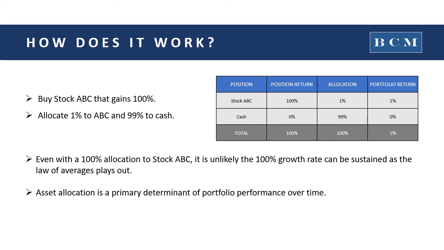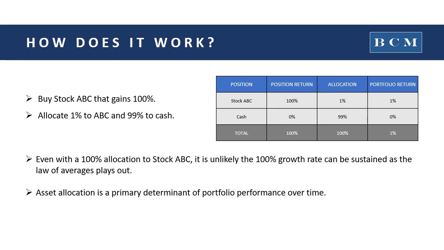But then you ask me, how much money did I allocate to that stock? How much of my portfolio did I allocate to that stock? And it turns out that I only allocated 1% of my portfolio to that stock. And the other 99% was sitting in cash that was earning nothing.